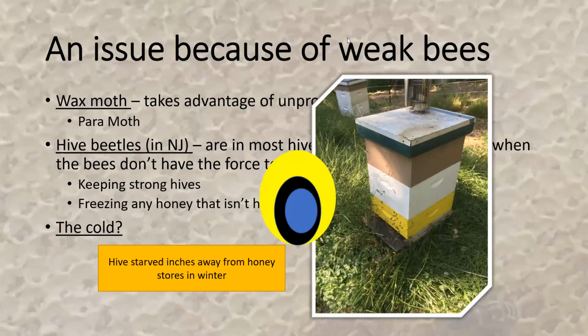They're being monitored. You don't have those in New Jersey to worry about now. There are some other wasp species that will grab a bee or two. They're not going to grab enough of your bees to affect the population of your bees.